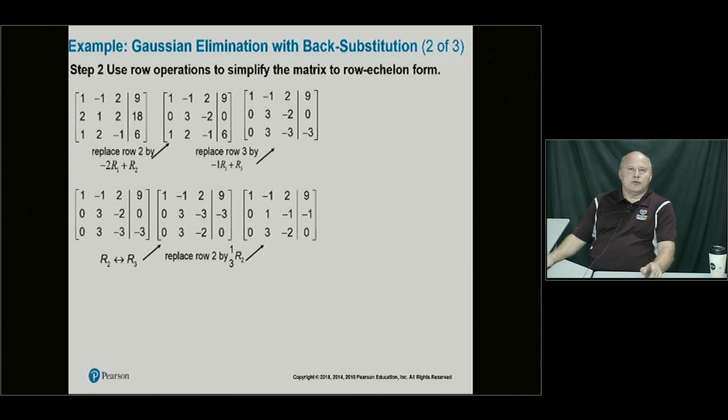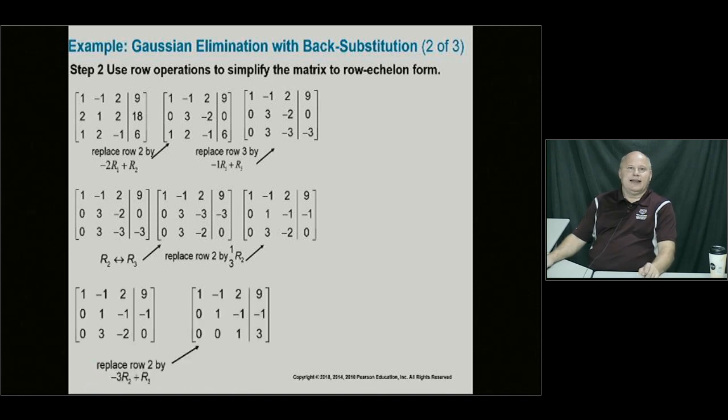So now you have the first row with a 1, and 0 below it. You now have on the second row a 1 in that main diagonal. So what's our next thing we need to do? That 3 on the third row in the middle needs to be a 0. So I take row 2, multiply it by negative 3, and then add it to the third row. So 0 times negative 3, added to 0, is still 0, so that doesn't change.